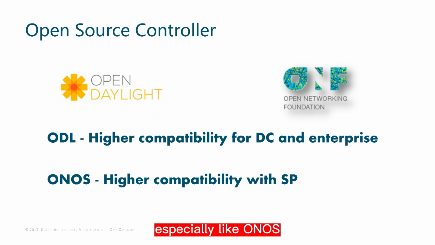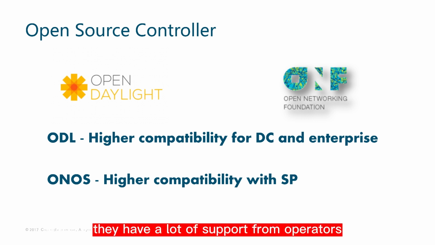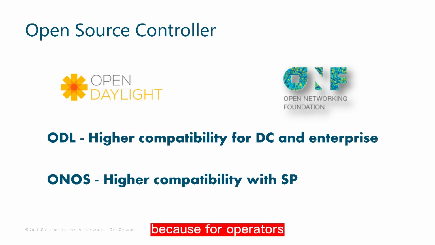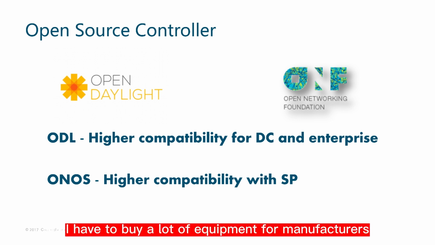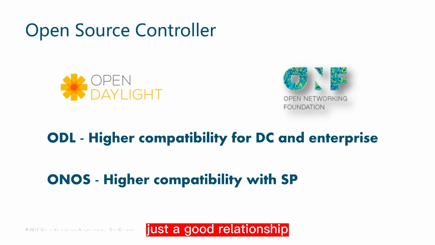Especially like ONOS. Actually, they have a lot of support from operators. Because for operators, I have to buy a lot of equipment from manufacturers every year. So they are kind of in a very ambiguous relationship. Just a good relationship. But in fact, they are also a relationship between paying and being paid.